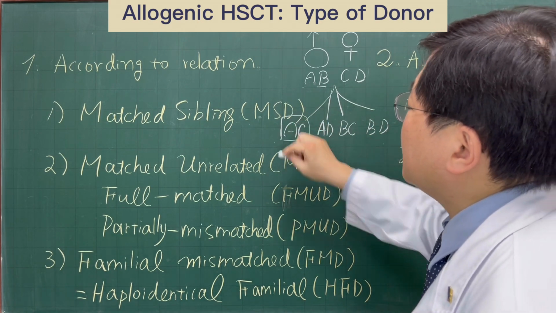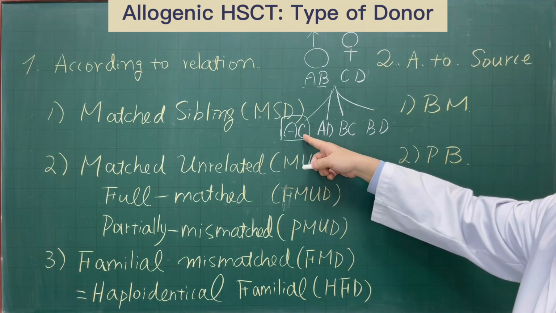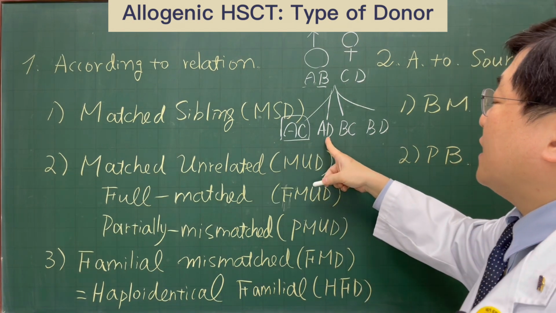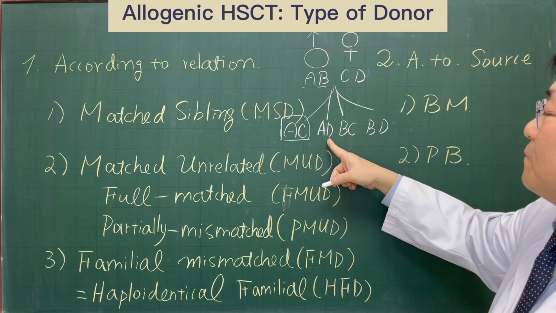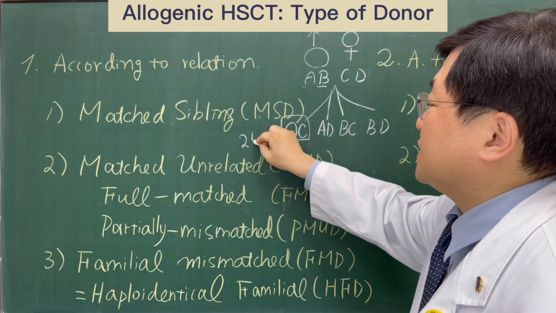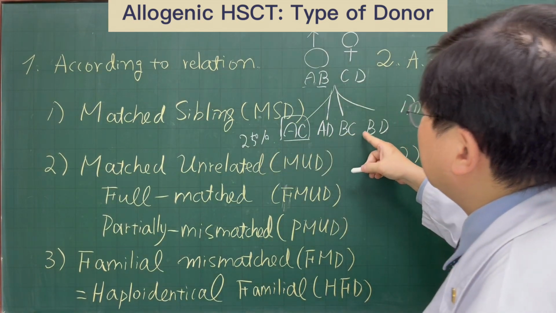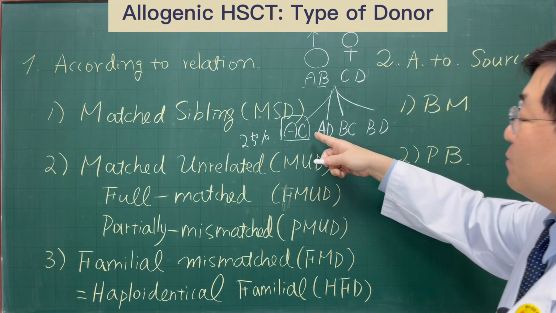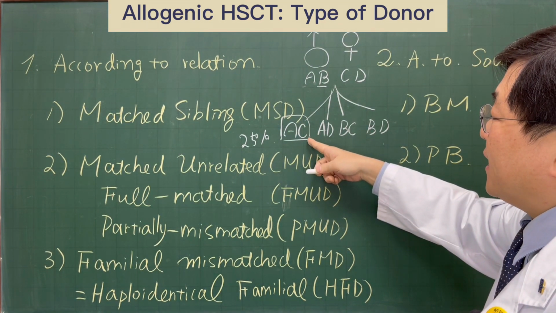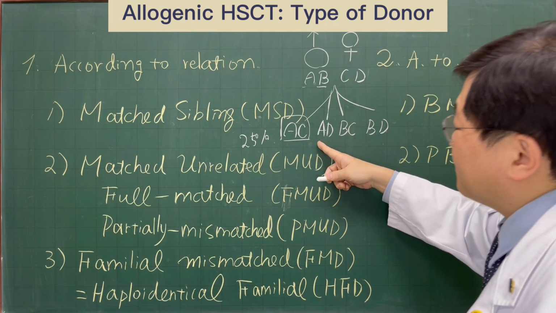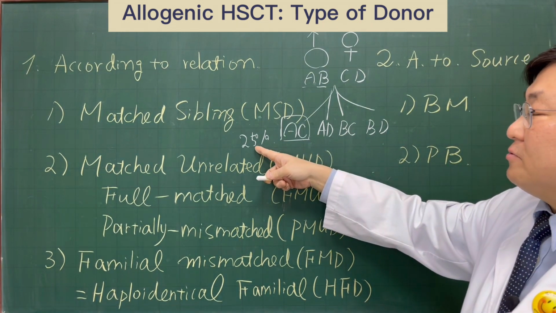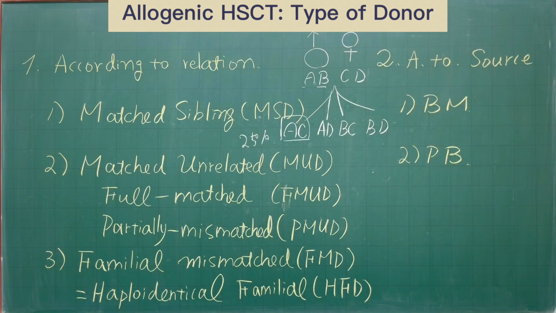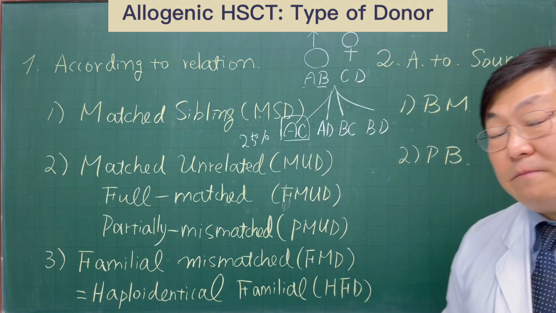So basically, when a patient has AC HLA typing, the possibility that the patient will have an identical HLA sibling will be 25%, because all the siblings will have four kinds of different combinations of HLA. So if a patient has the AC combination, there is a 25% possibility that he will find the same HLA typing from his siblings.